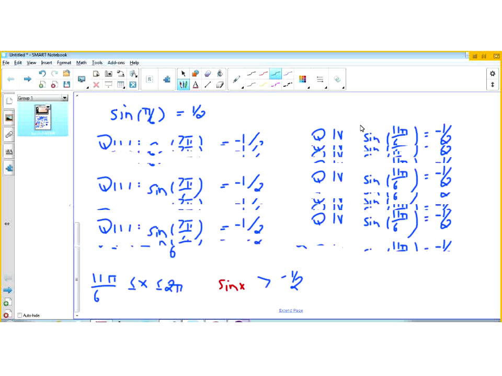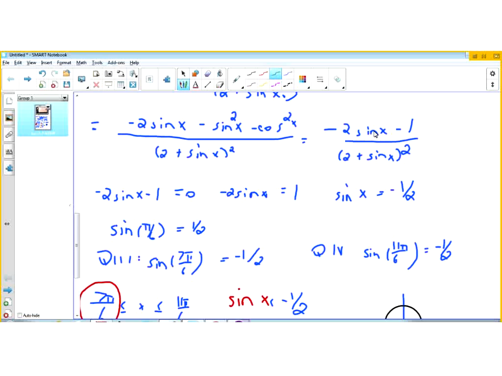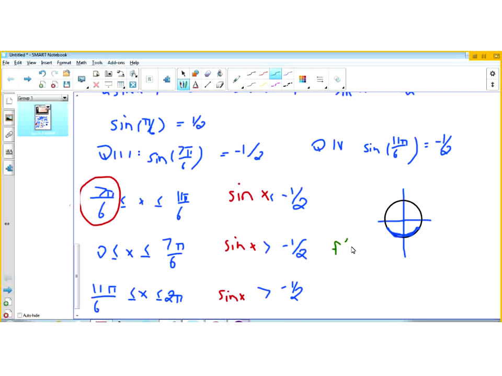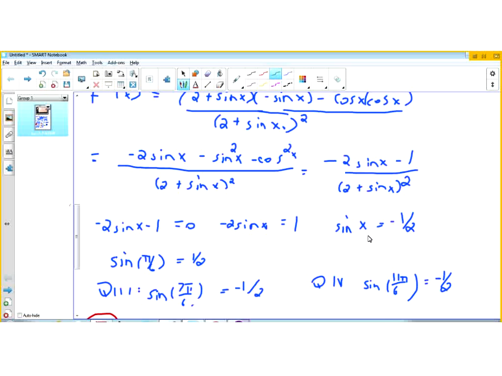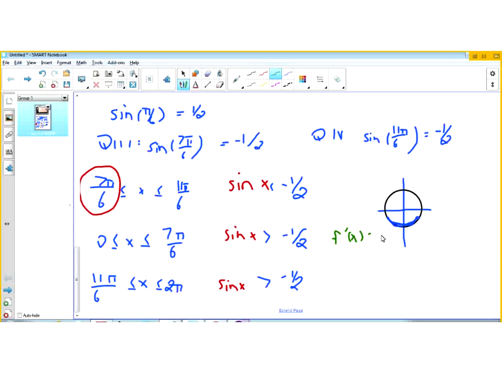When we're less than negative 1/2, when we're greater than negative 1/2, f prime of x must be less than 0. So f prime of x must be less than 0.